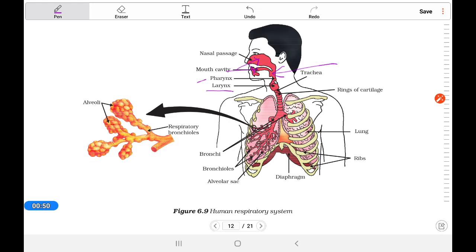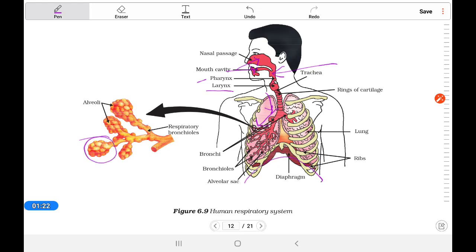Next it comes to the larynx area, then it goes to the trachea. The trachea is 12 centimeters long on average, and after that there are several branches, the bronchus and the bronchiole, and ultimately it reaches the alveoli.